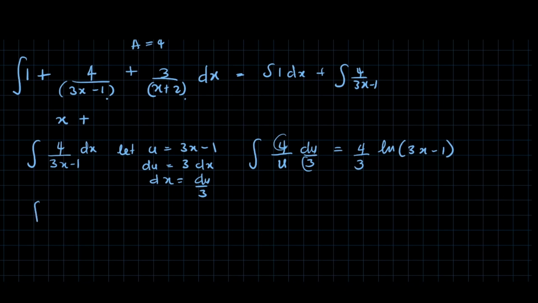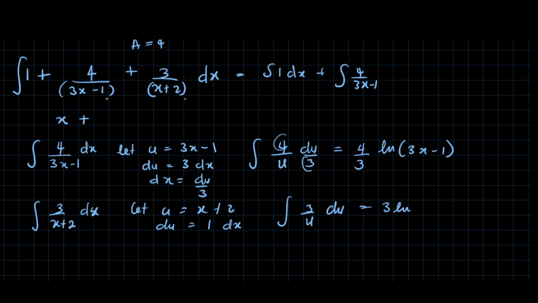And then the integral of 3 over x plus 2 is going to be the same thing. If you say let u equal x plus 2, du is going to be equal to 1 dx, so dx equals du. So we're just going to substitute with 3 over u du. So it's going to be 3 ln u, and in this case u is x plus 2.